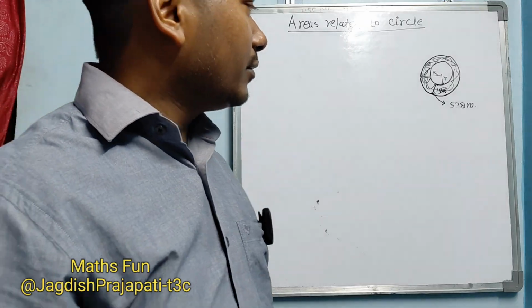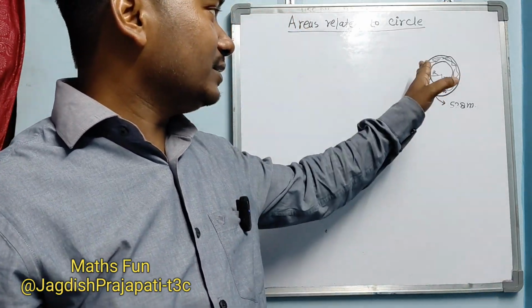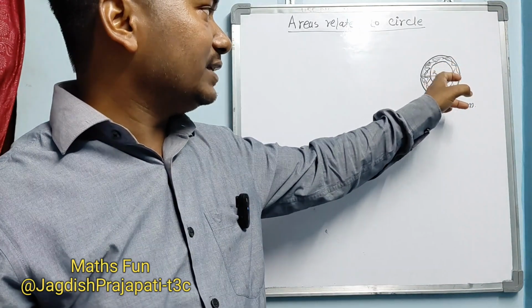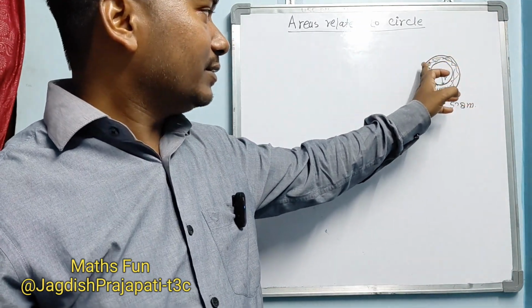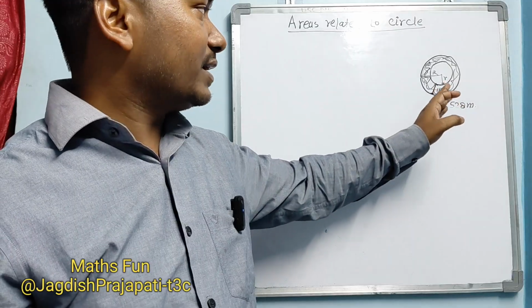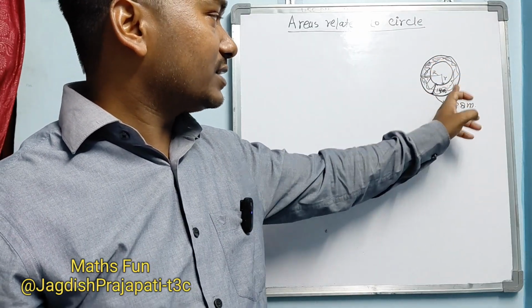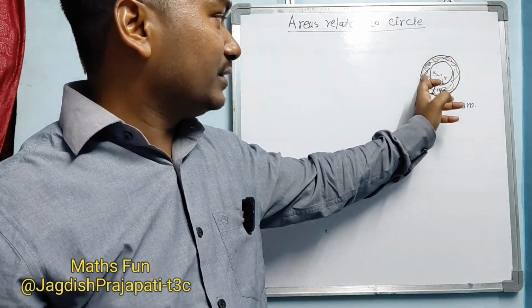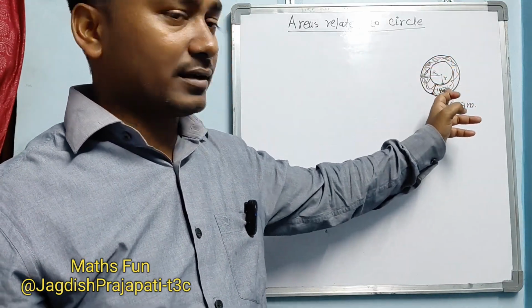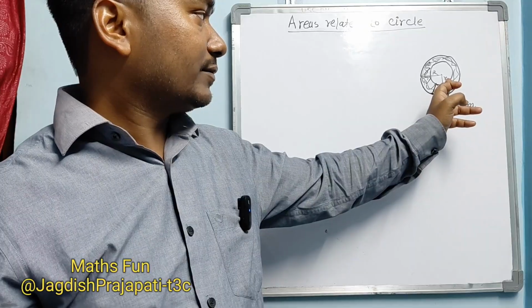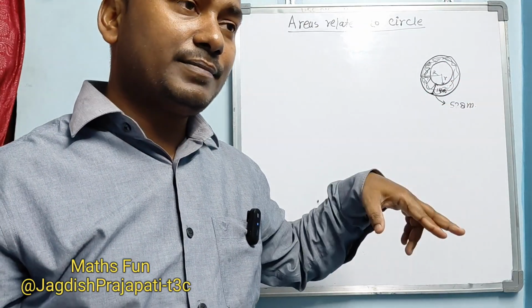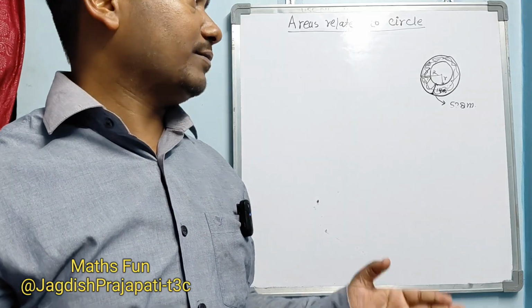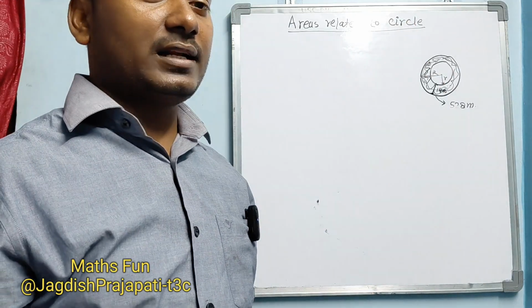So how can we find the area of the circular track? We find the area of the outer circle and the inner circle, and subtract the area of the inner circle from the outer circle. That will be the area of the circular track, and then we multiply by 50 paise to get the overall cost.